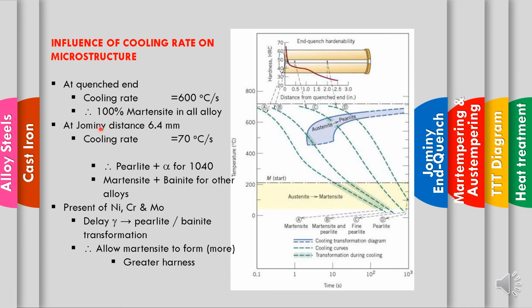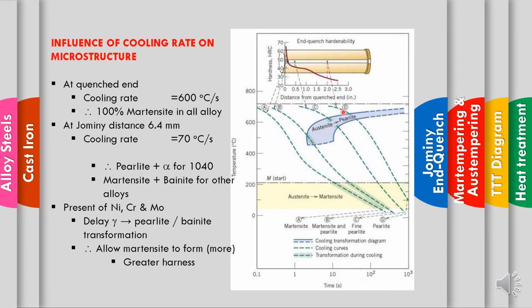At the distance of 6.4, basically this line, the cooling rate starts to reduce to 70 degrees Celsius per second, whereby at this distance the formation of pearlite plus alpha occurs in 1040. And for the other alloys, the formation of martensite and bainite at this distance.